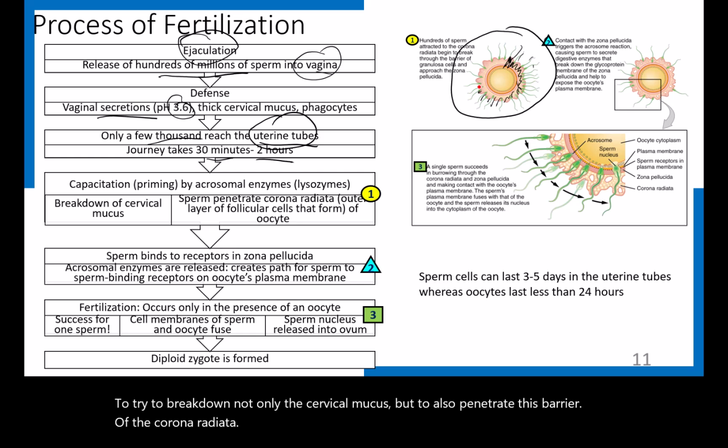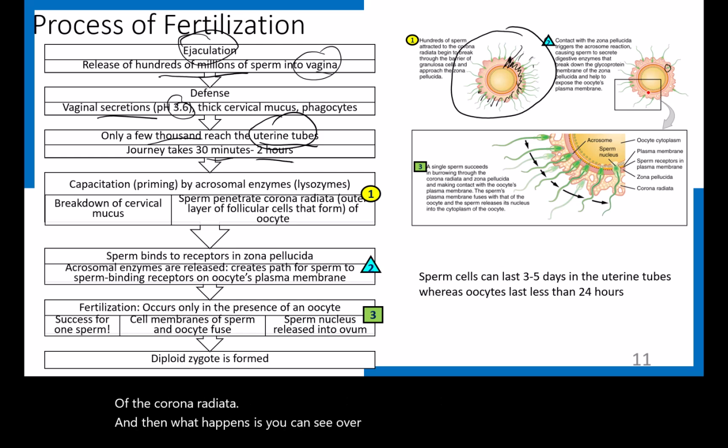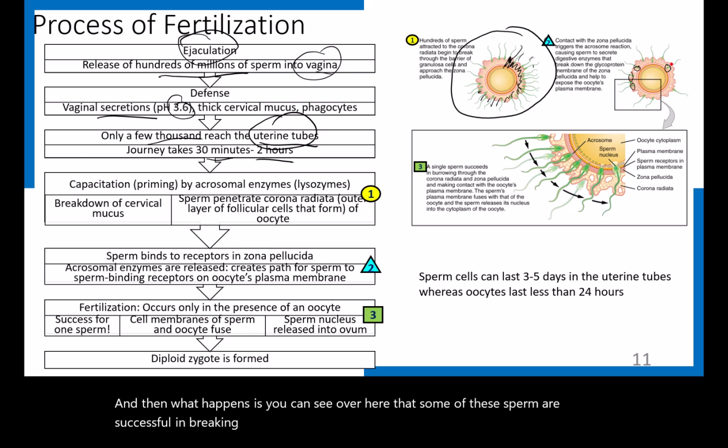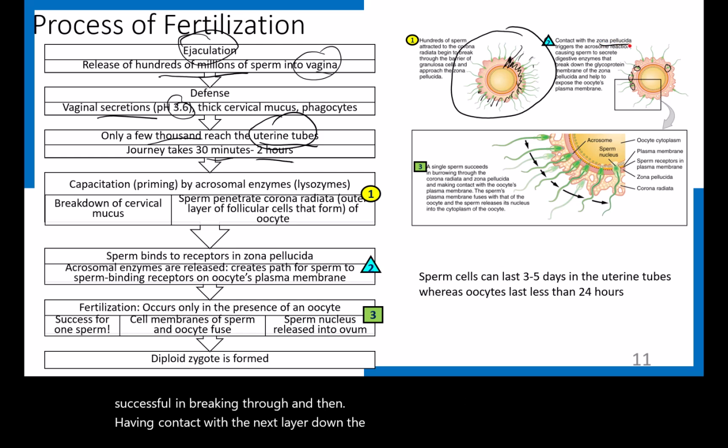And then you can see over here that some of these sperm are successful in breaking through and having contact with the next layer down, the zona pellucida. And with that, again, the acrosomal reaction is triggered.